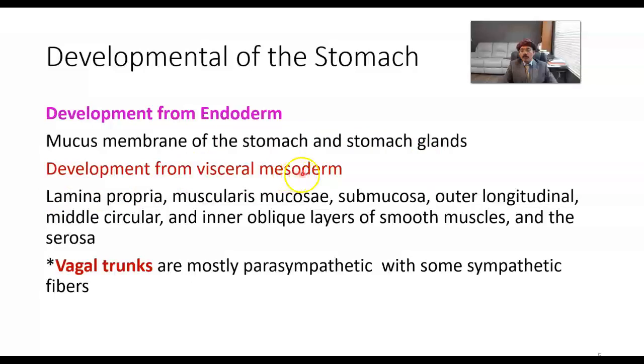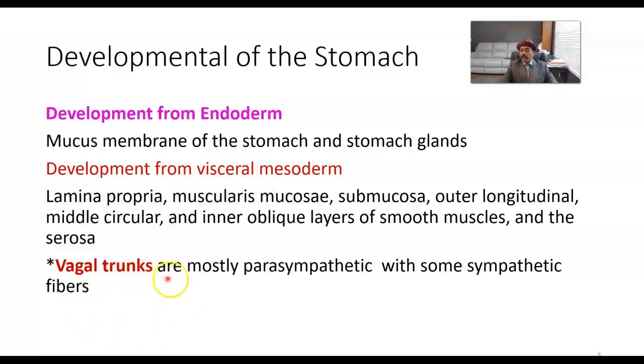Developed from the visceral mesoderm are the lamina propria, muscularis mucosa, submucosa, outer longitudinal muscle layer, middle circular muscle layer, and inner oblique muscle layer. All of the muscle layers are smooth muscle, and overlying that is the serosa. These are all developed from the visceral mesoderm. So the stomach is developed from both the endoderm and the mesoderm.